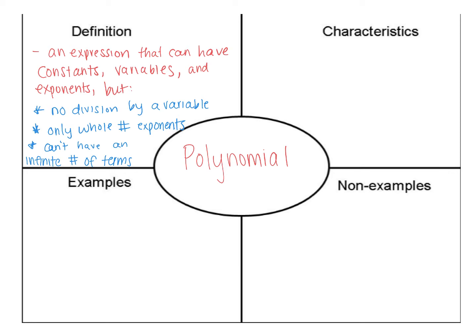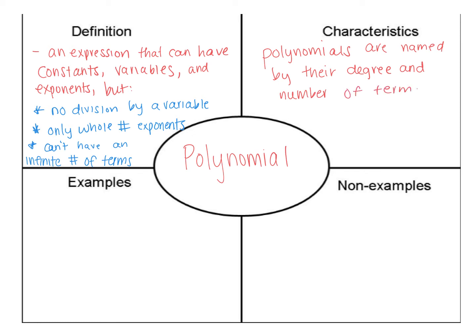So what the definition for characteristics are that we're going to write here is polynomials are named by their degree and number of terms, okay? And we're going to talk about that more on the back page, but I just want you guys to get this down, okay? So if you need to pause and write it down, pause and then play it, and you'll hear the next part, okay?